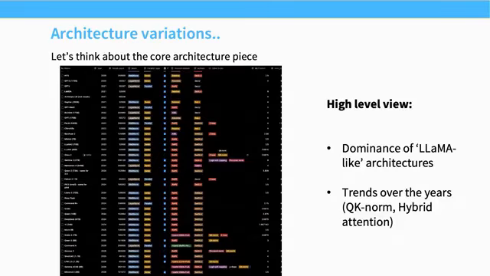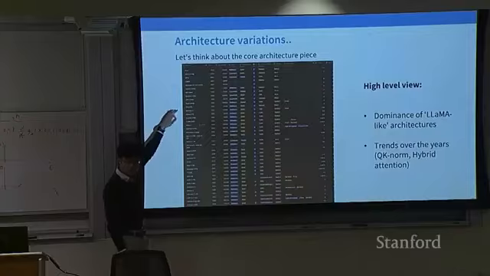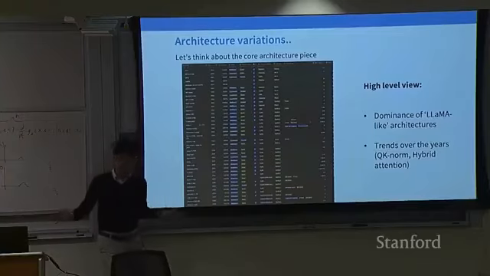Okay. So we're going to start with the core architecture piece. As a high-level view, the way I see a lot of the architecture stuff, looking historically, is that in the early days, starting with the transformer until GPT-3 or so, there's a lot of experimentation. People try lots of different things. There's no gold standard that everyone has unified on.